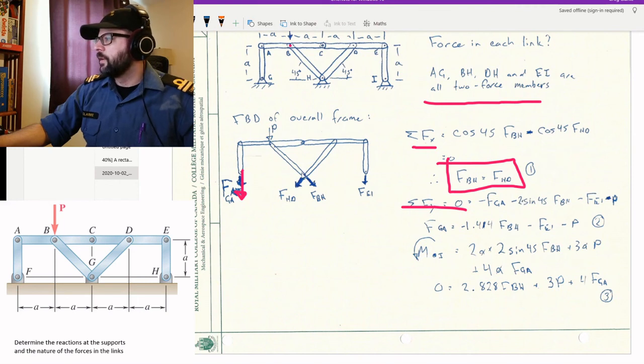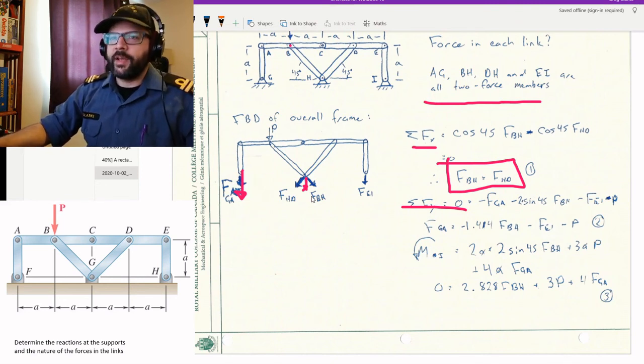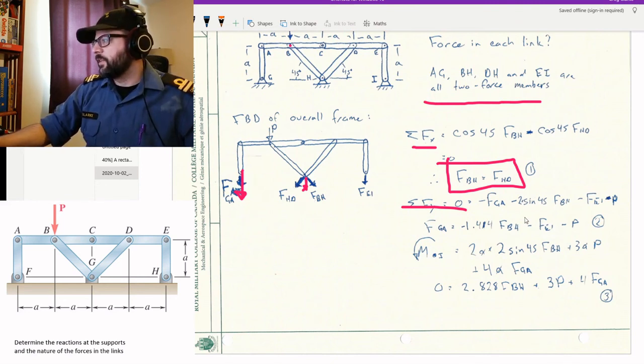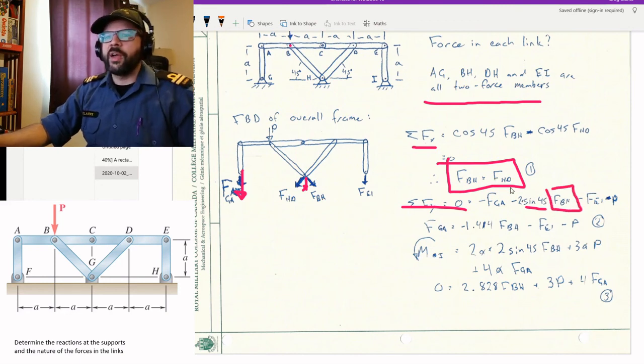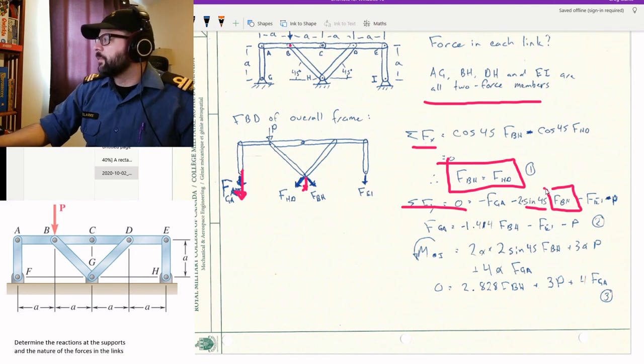So we got the negative component of FBH and the negative component of FHD. They're the same thing, and the negative components are acting in the same direction. So we'll just have double that. So that's 2 sine 45 FBH. I decided to work with FBH. We're tossing FHD out for the time being. Everything will be in terms of FBH. And then minus our FEI and minus our load as well. Can't forget about our load.